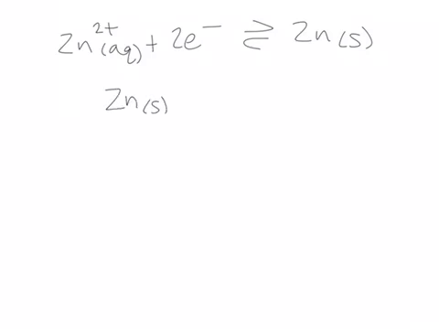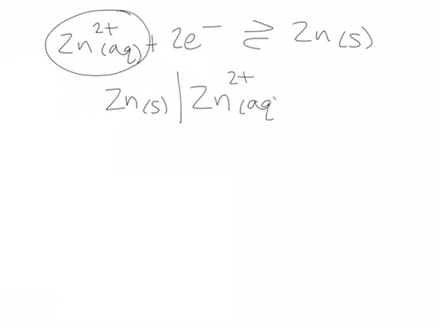We had the zinc solid, we had a line there to show that it was in a different phase to the aqueous ions, so then 2+, and that was aqueous. Now it would depend whether this were going to be the negative or the positive electrode as to whether your salt bridge would be on this side or not, and in this particular way that I've written it here, it would have to be on that side.